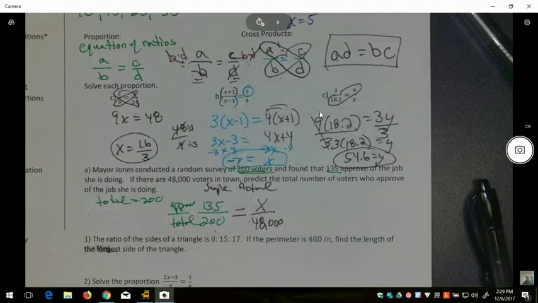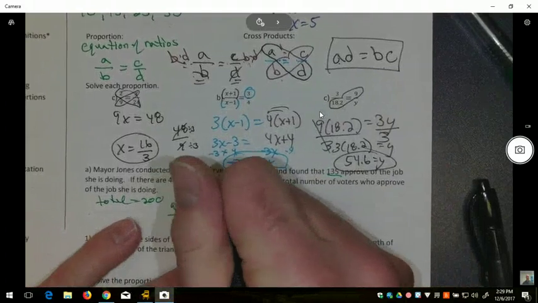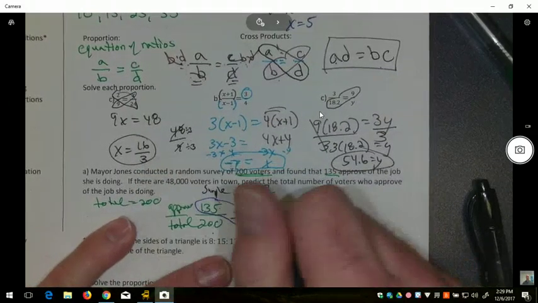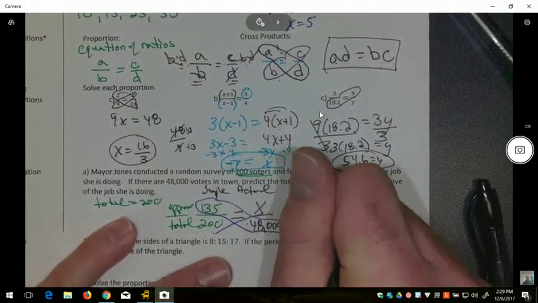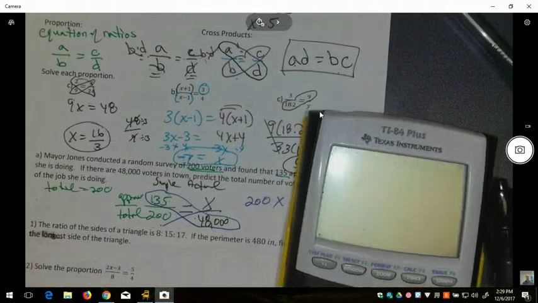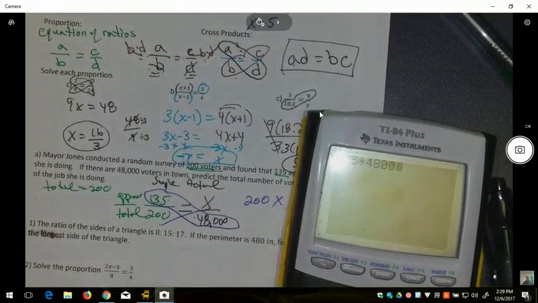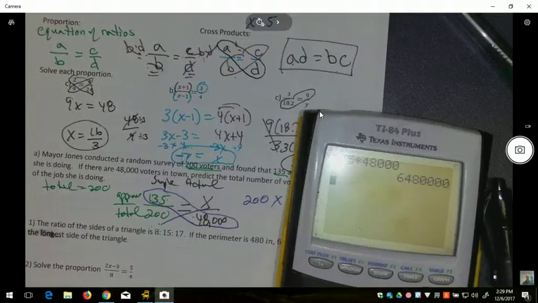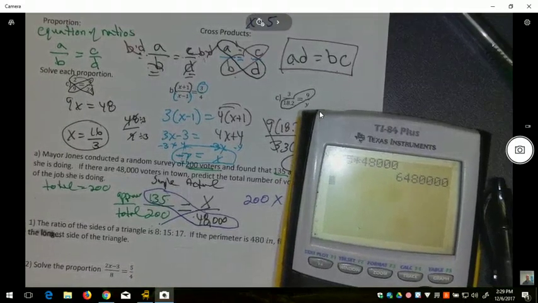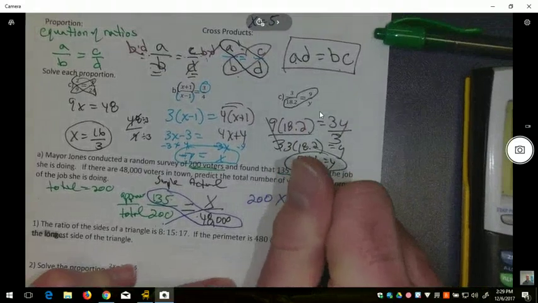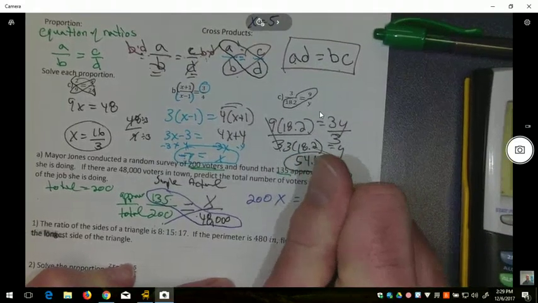All right, so when we cross multiply, we have 135 times 48,000, and this way we have 200x. So 135 times 48,000 is 6,480,000.